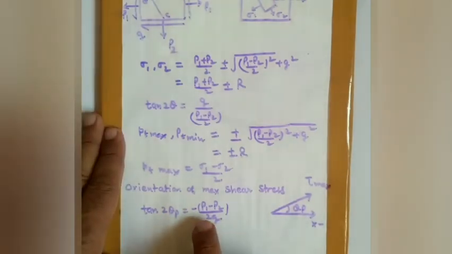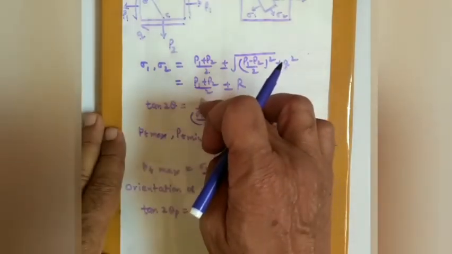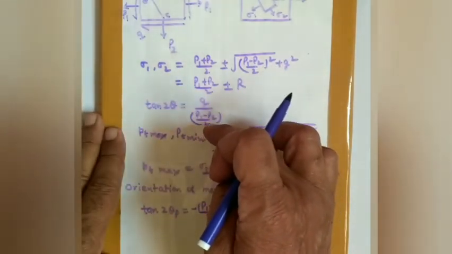So if we look at this, (p1 minus p2) by 2q is just the inverse of q by ((p1 minus p2) by 2).